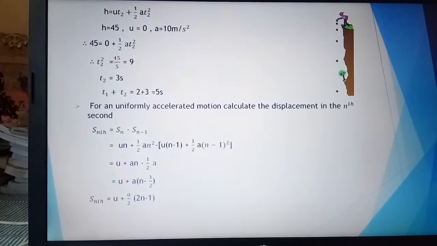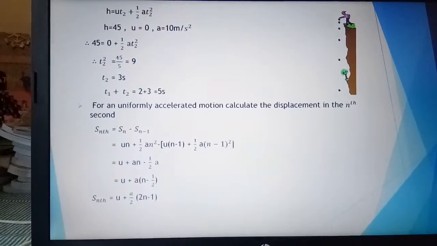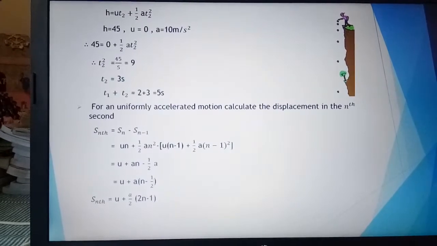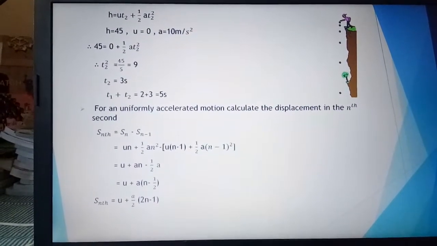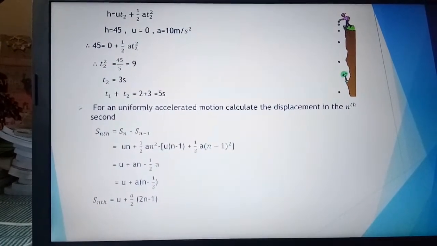If it is retarding, for every second the velocity is decreasing. So what is its distance in the last nth second? That is what we are going to calculate, the distance or displacement in the nth second.